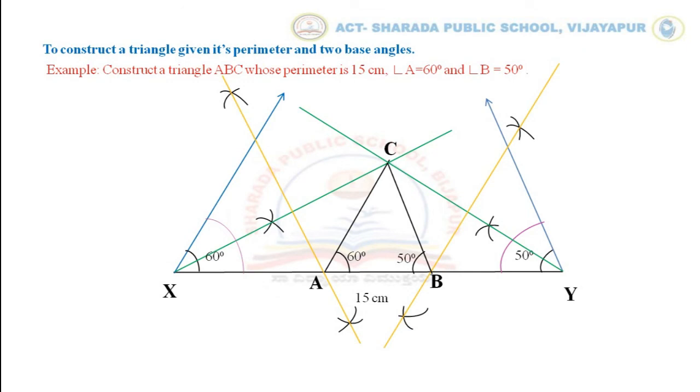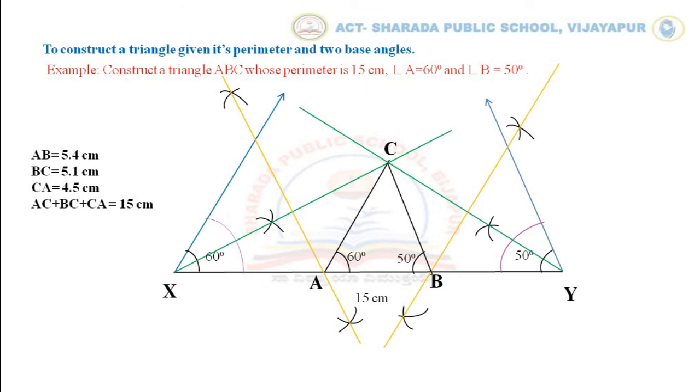We can see that angle A is equal to 60 degrees, angle B is equal to 50 degrees, and the individual sides are measured. AB is equal to 5.4 centimeters, BC is equal to 5.1 centimeters, CA is equal to 4.5 centimeters, and the sum of these three sides is equal to 15 centimeters, which is given in the question.